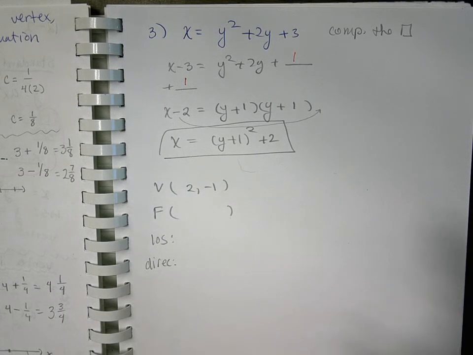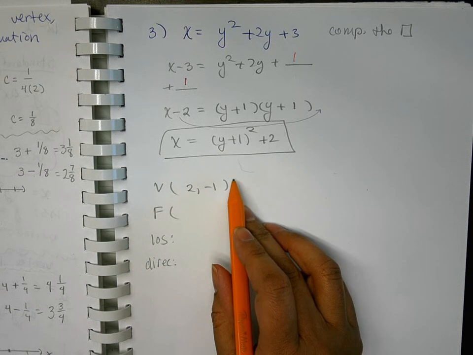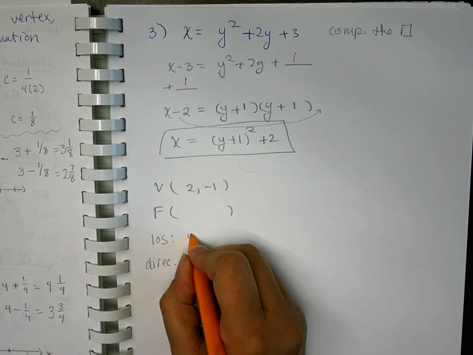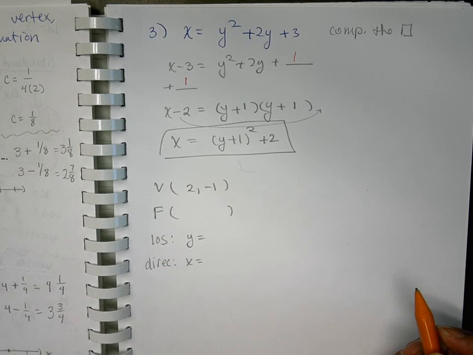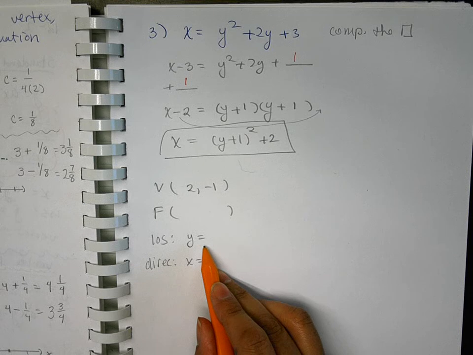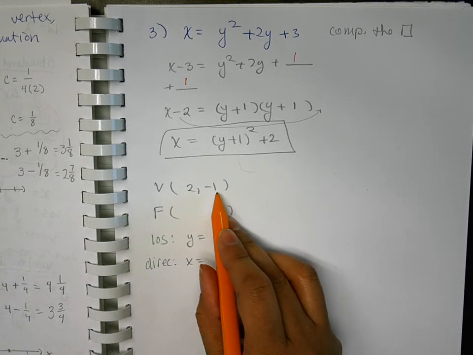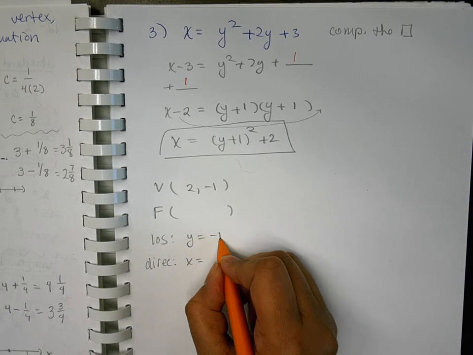All right, what do we know about the LOS if it's sideways? It's x equals or y equals? Which means the directrix is going to be what? X equals. All right. LOS, y equals what? 2 or -1? It's y equals -1. All right, let's go ahead and graph.